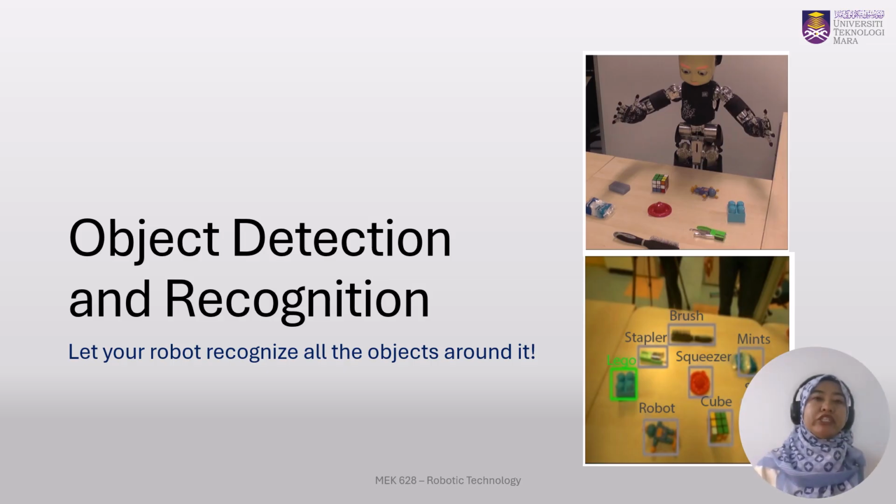One of the implementations of having a camera vision is to detect the object and to recognize the object. So imagine you are helping a robot to understand its surroundings, to understand its environment, to understand who or what is with them.